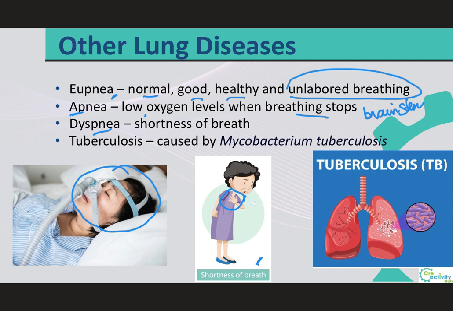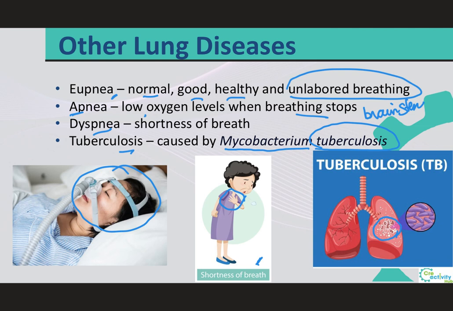Last, we have tuberculosis, which is caused by a bacteria that receives that name, Mycobacterium tuberculosis. The bacteria usually attacks the lungs, but it can also attack any part of the body, such as the kidney, the spine, or the brain.